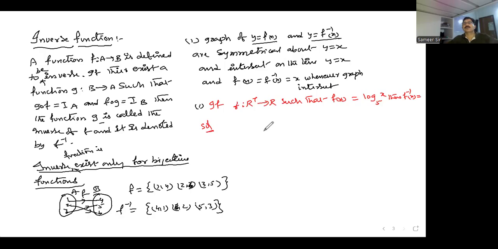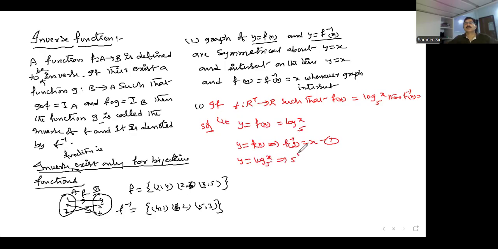Guys, to find the inverse, you better take it like this. Let y is equal to f of x, and here log x base 5 is there. So y is equal to f of x, you can write here f inverse y is equal to x, say 1. And the next one is y is equal to log x base 5.